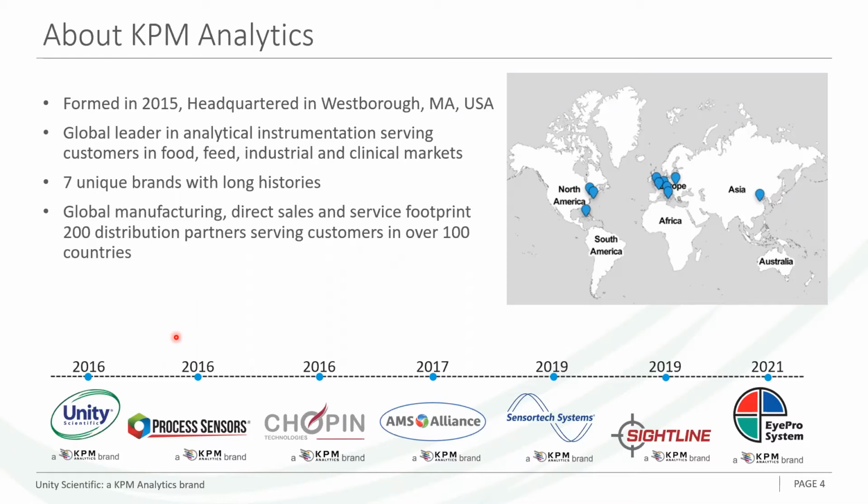The map over on the right-hand side shows our corporate offices, manufacturing offices, and sales and support offices. But we also have over 200 distribution partners across the brands, and we're present in 100 countries. And we do have a new website that we've launched about a month ago. It is kpmanalytics.com. It shows all of our brands, and we are coalescing all of our product presentation and support on that website. So hope everybody can take a look.